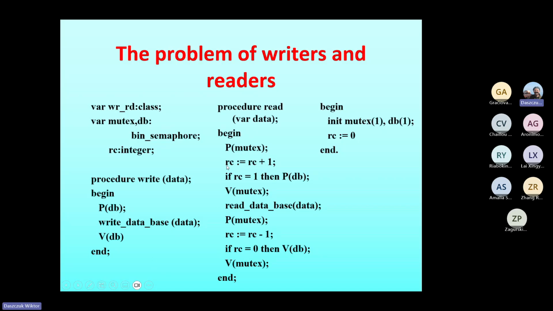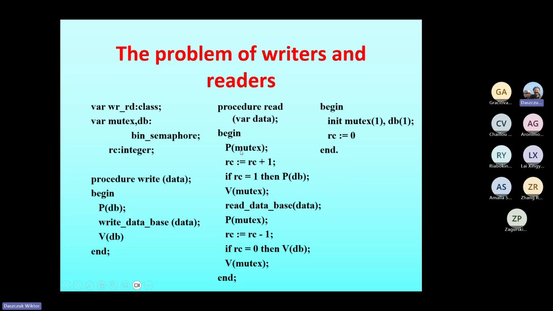But if we have a counter that is incremented, we must protect this variable from concurrent access, because we know what can happen if we modify a variable without some protection. So we have a mutex binary semaphore that takes care of reader count.